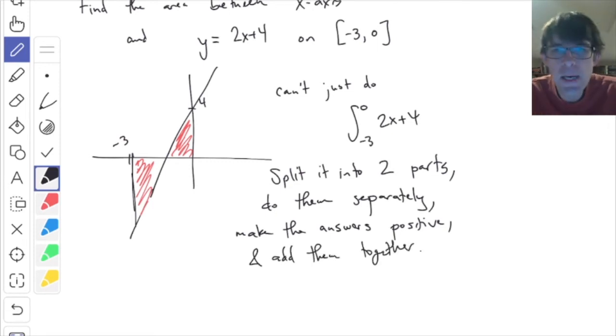We have to make them positive because one of them is going to end up being negative, but we don't want to count it as negative. We want to find the real area, so you just make it positive and then add them together.